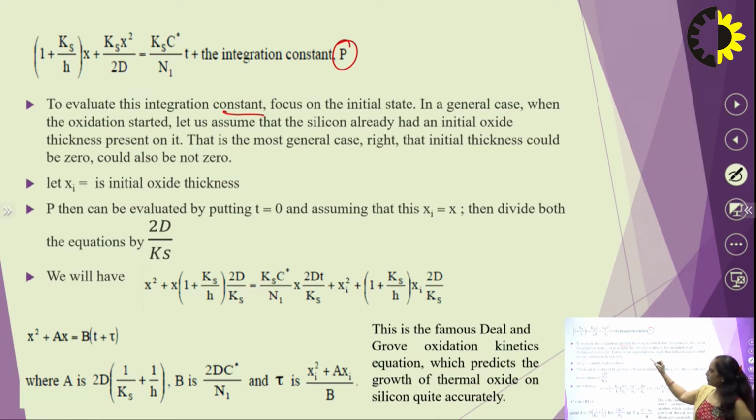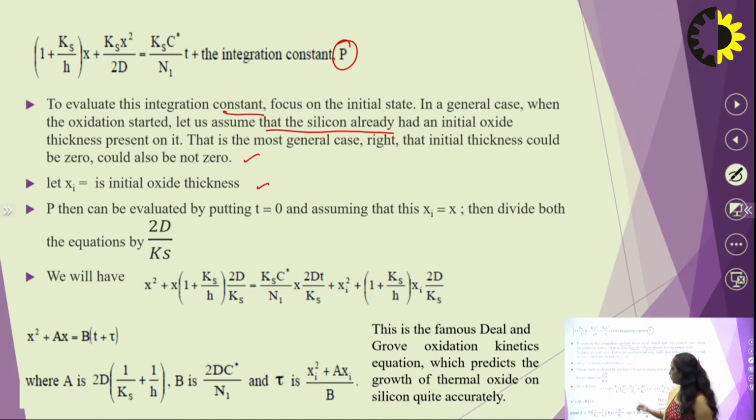So when we start the oxidation process, let us assume that silicon already had an initial oxide thickness present on it. That is the most general case, right? The initial thickness could be 0, and we can assume that it is also not 0. So xi is the initial oxide thickness.